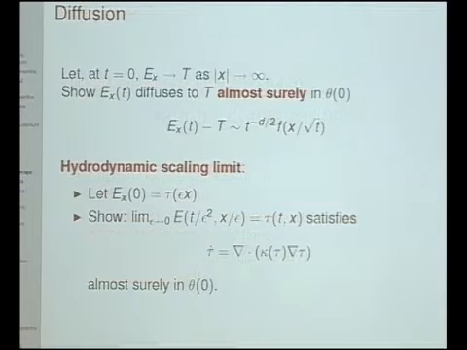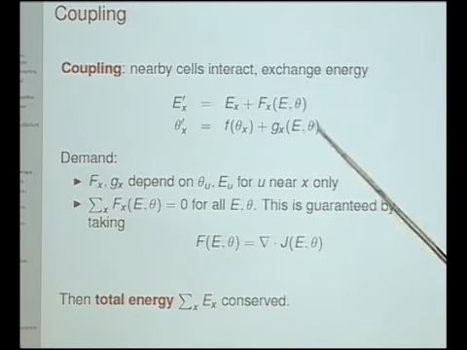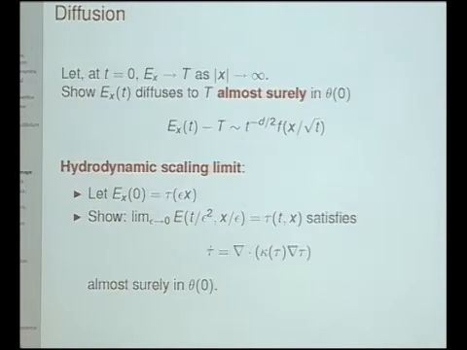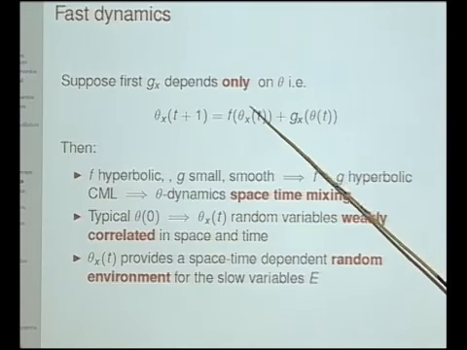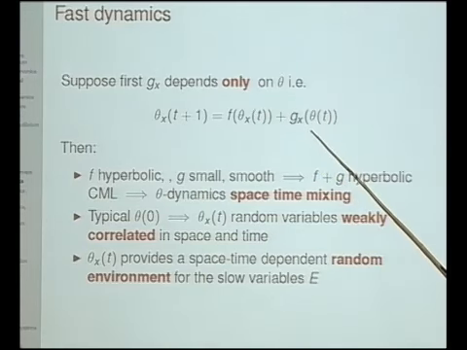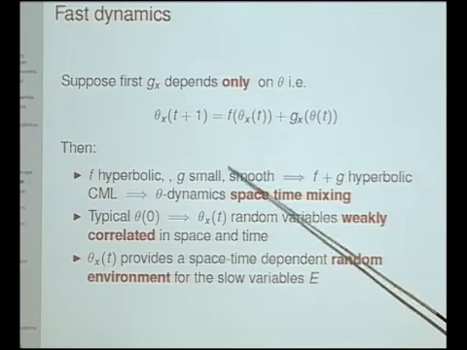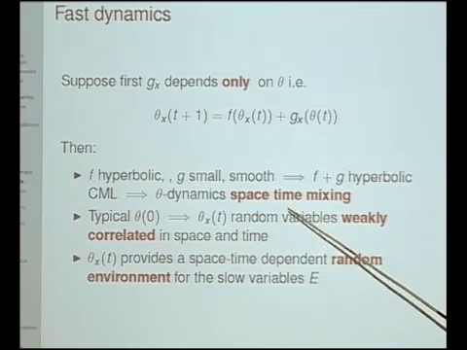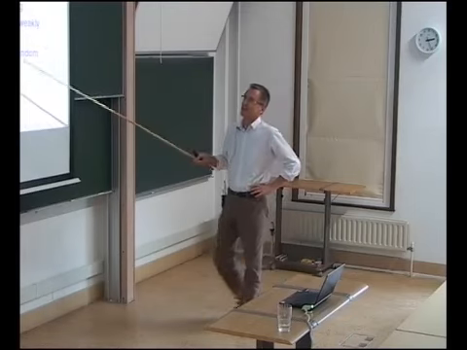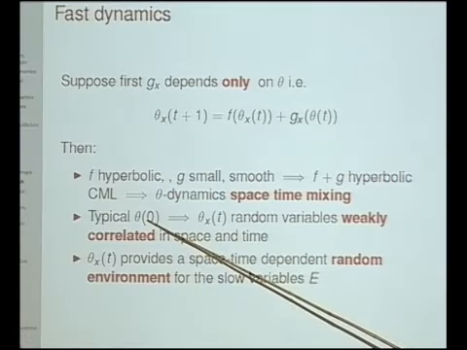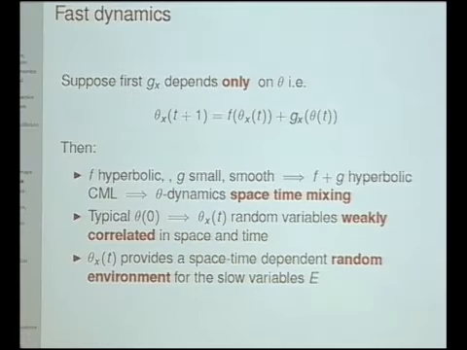So let me first look at what I would call the fast variables. Let me take first the case where this fast dynamics does not depend on the energies. And things are pretty clear. Here is the chaotic dynamics, and if I take this as a small perturbation, it doesn't change very much. It couples the things to each other, but the dynamics of these variables is space-time mixing.